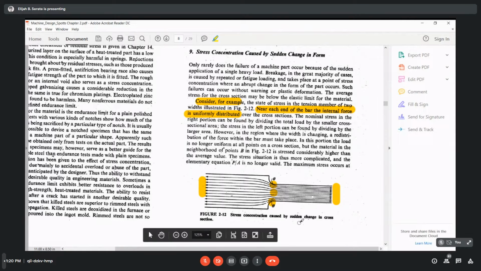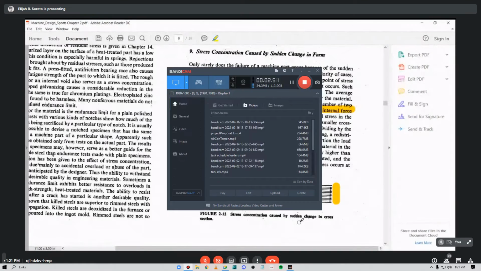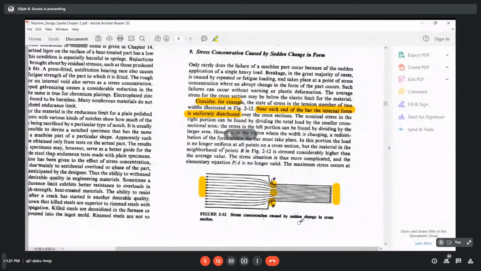So in other words, at B, on the surface of B, there is a crowding or a concentration of the internal forces, while at the middle between the surfaces, there is an even distribution.